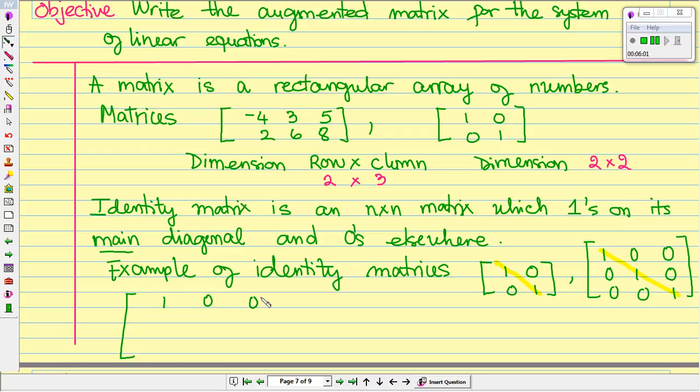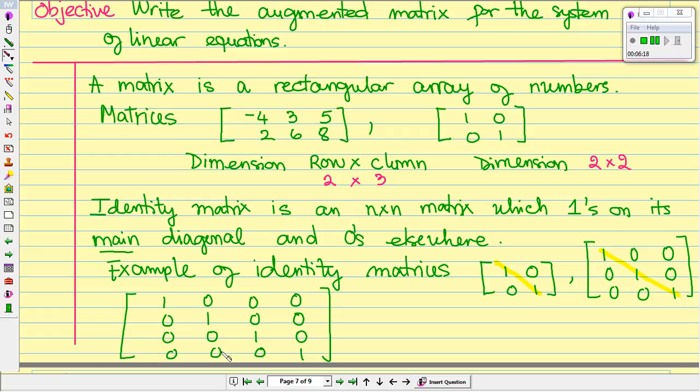You have 1 0 0 0, 0 1 0 0, 0 0 1 0, 0 0 0 1.